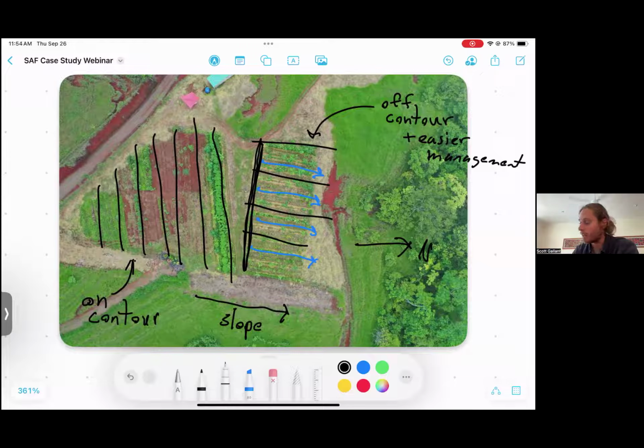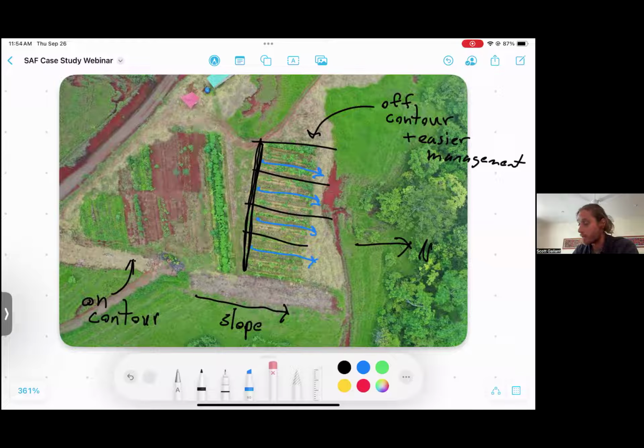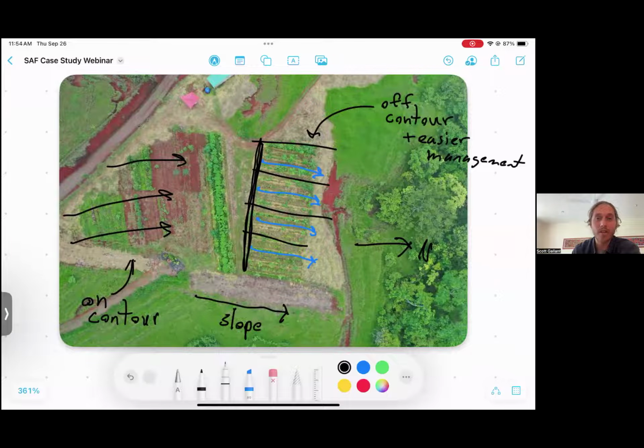Now, thinking about the context of this place, if there was a huge amount of water runoff from some cause up above, I don't know if we would have done these off contour. We might have been more inclined to put them on contour. But what becomes the fun part about this system is we have both systems happening here.